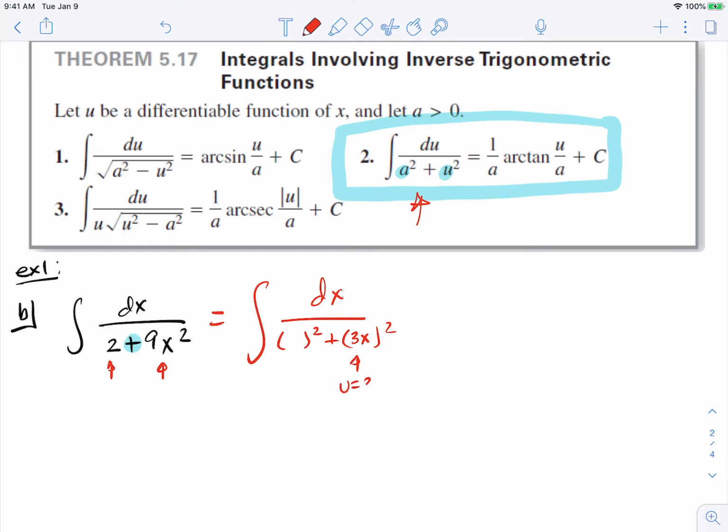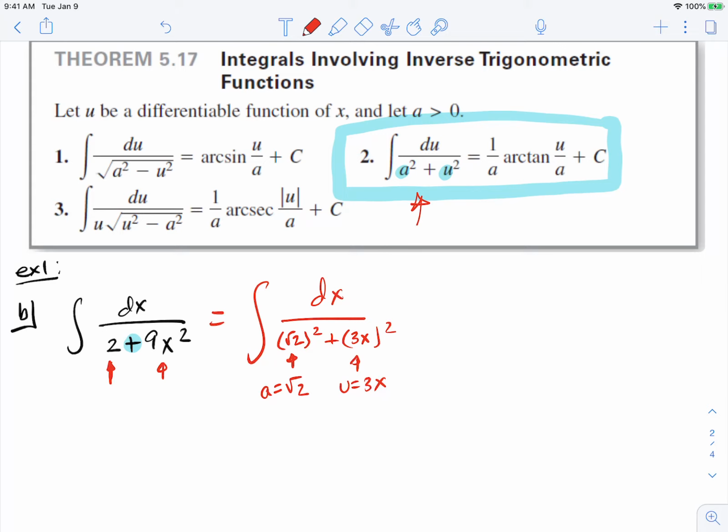If we let u equal 3x, 3x squared is going to give me 9x squared. Now let's look at the number that has to go here. I'm trying to take something, square it, and make it equal to 2. That would be square root of 2. So now we have identified our a and our u.